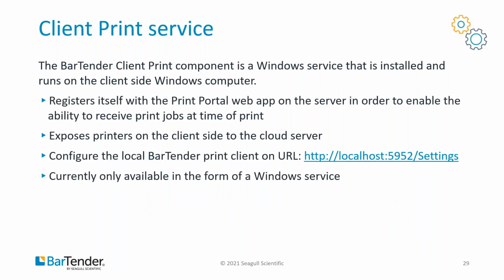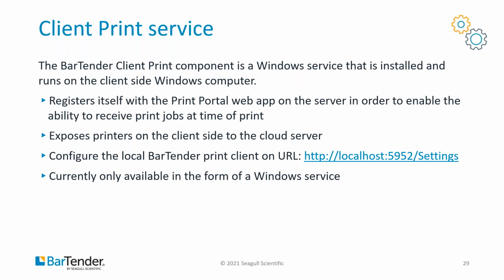So on the client side, we have a client print service. Between the two, the client print service and the print router service, there is a secure connection. This is a separate channel from what the user would use when opening up their web browser and navigating to the web application, print portal, for example.